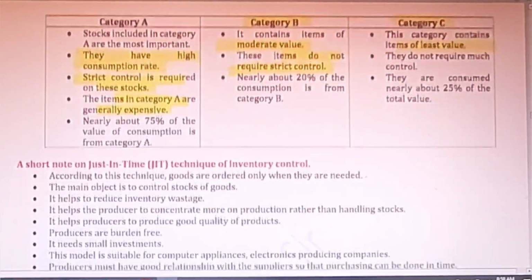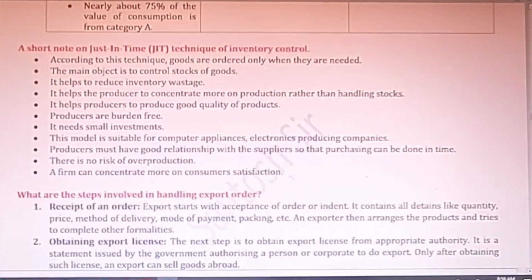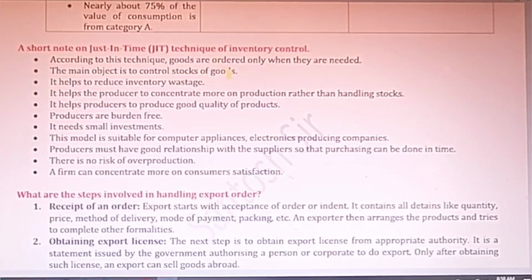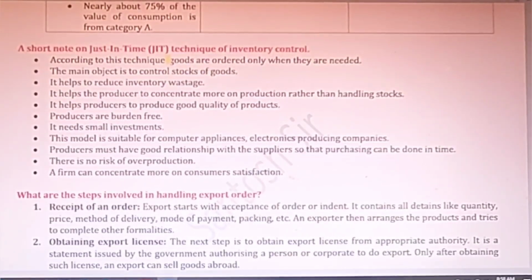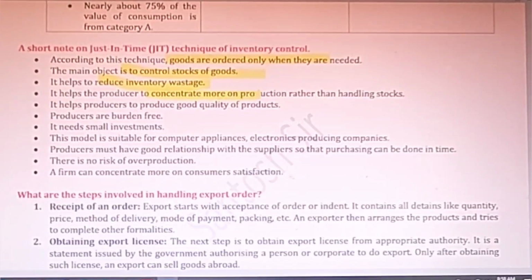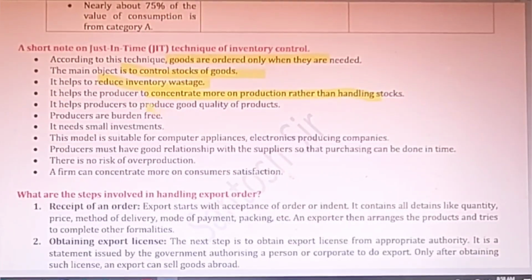Okay. This is just in time, a technique of inventory control. That means whenever you need stock, you just place an order to acquire it, and the main objective is to control the stock of goods. It reduces inventory wastage, and the producer can concentrate more on production rather than handling of stocks. It helps producers to produce good quality products.